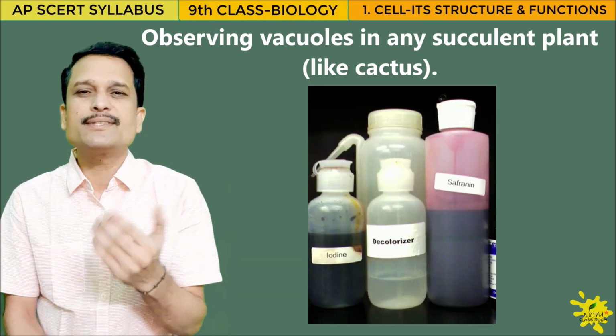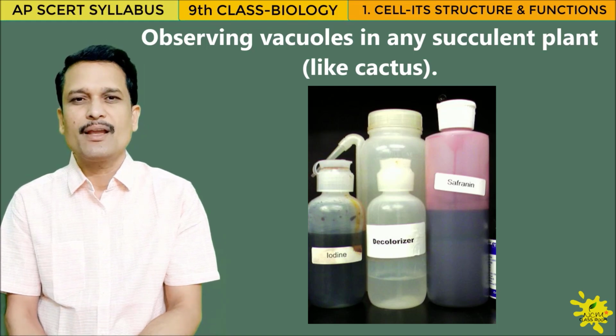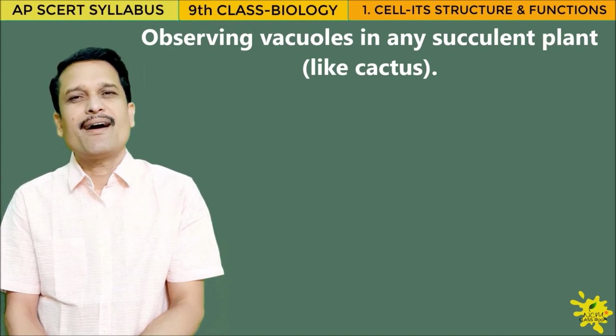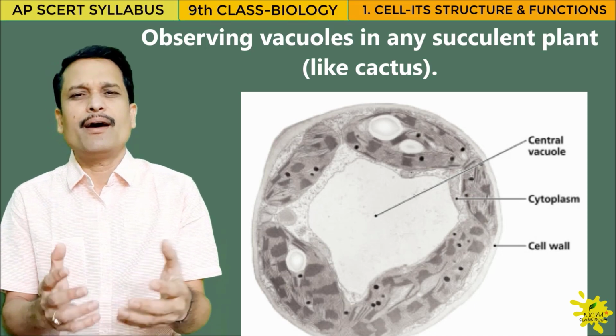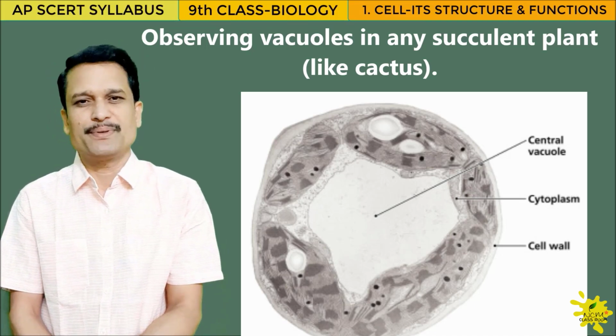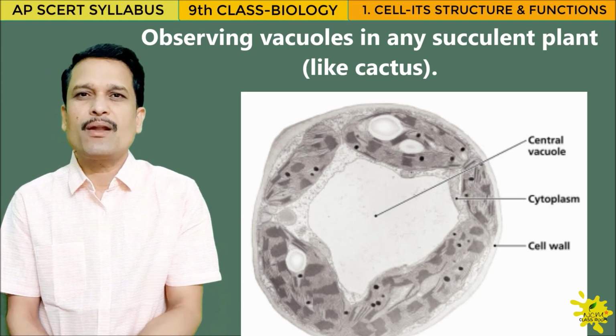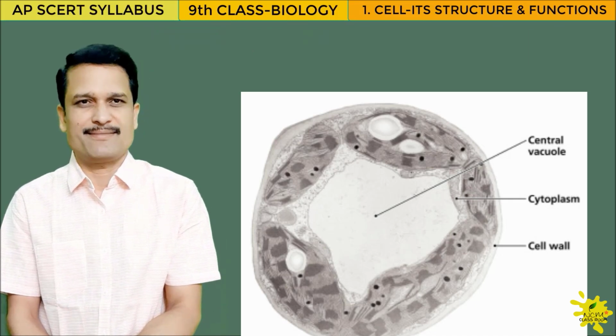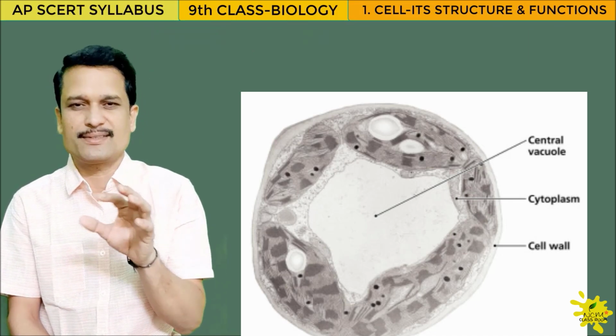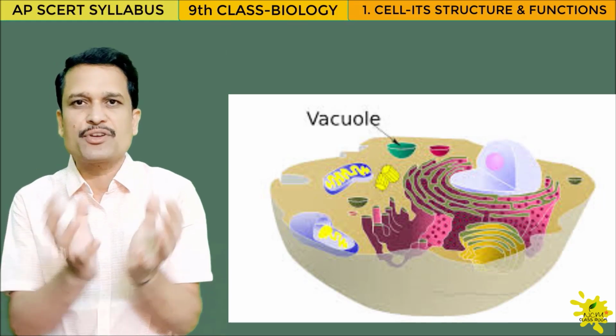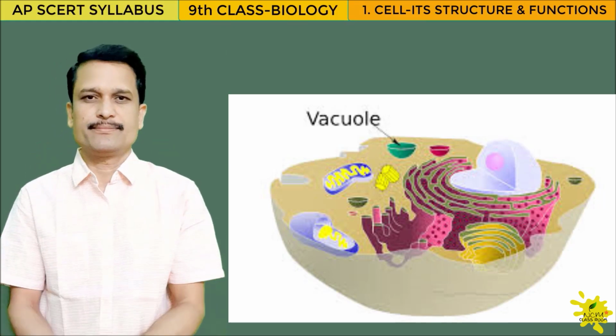Stain it with diluted safranine solution. Observe the section under low or high power of the microscope. You can observe the large empty spaces present in the cell. These are called vacuoles. They appear like sac-like structures filled with fluid.